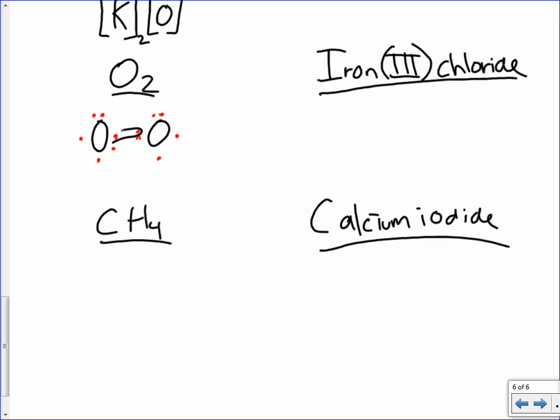So let's do 1 bond there, and another bond there. So now, this oxygen on the left has 1, 2, 3, 4, 5, 6, 7, 8 valence electrons. It's happy. And we can assume the same thing on the right because it's the same molecule. So, oxygen that you have floating around in the air bonds like this. It bonds in what we call a double bond. So here's your answer. Oxygen forms a double bond.